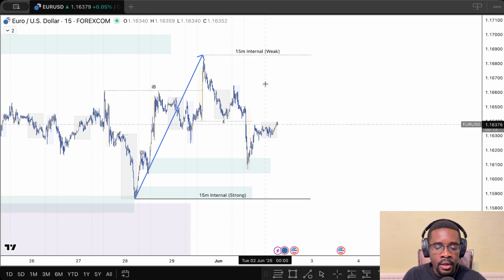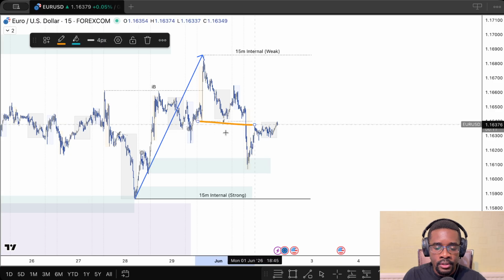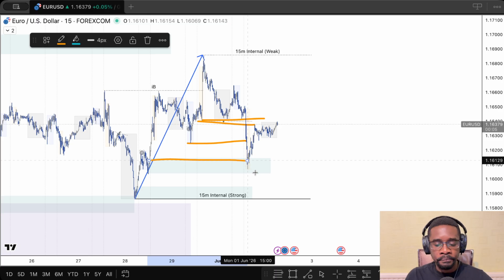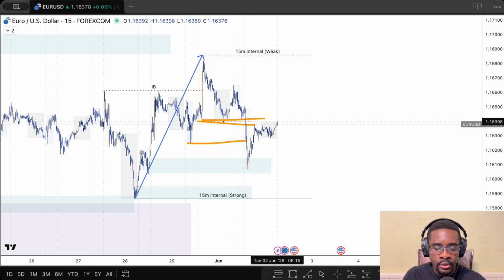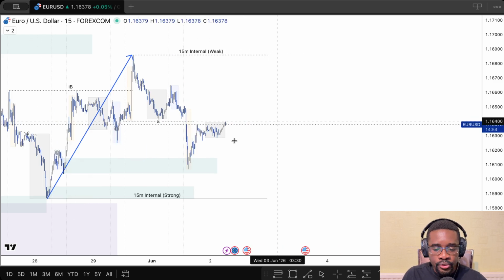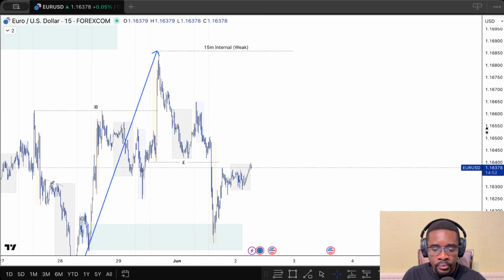Okay, but either way, we were looking for longs after at least a sweep of this area or that, or coming into this area. So we've had a reaction, so I'm sure some of you caught that trade. Okay, so this is the range we're in, and then what can we expect today?